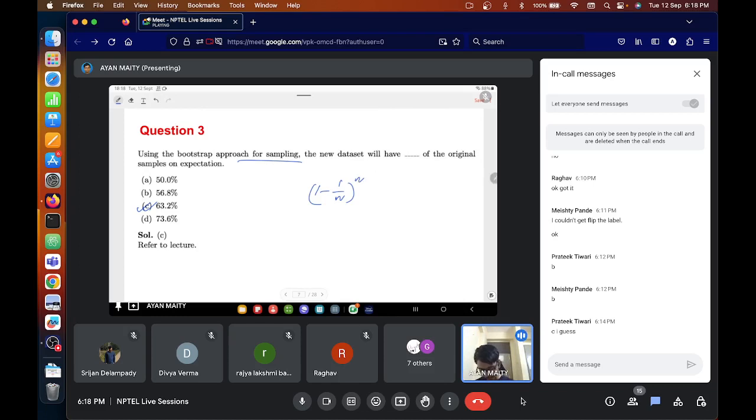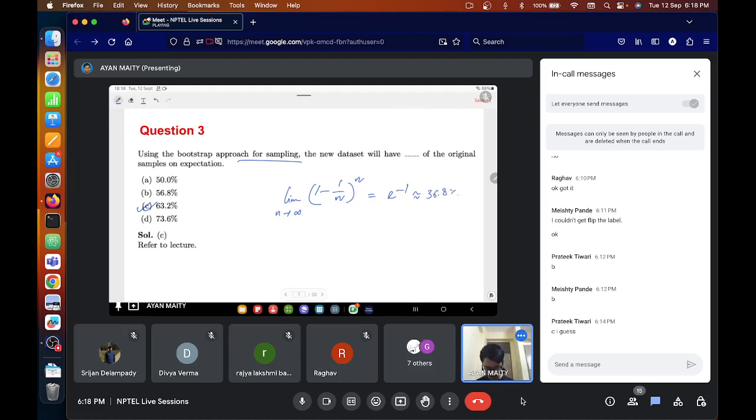So if the value of n is large enough, we can simply take the limit of this, n tends to infinity, so it would become e to the power minus 1, which is around 36.8%.